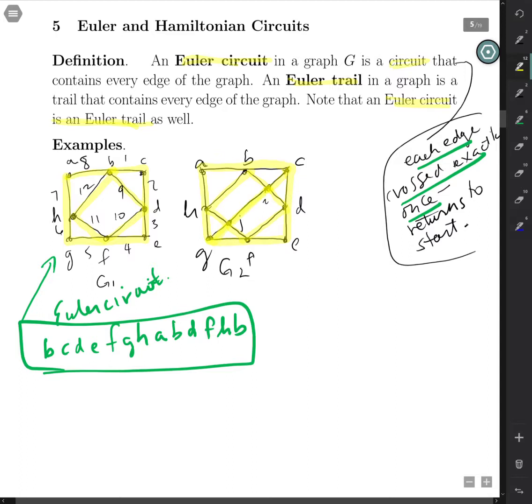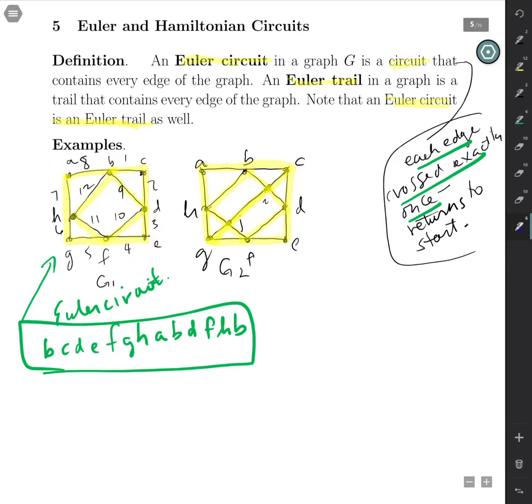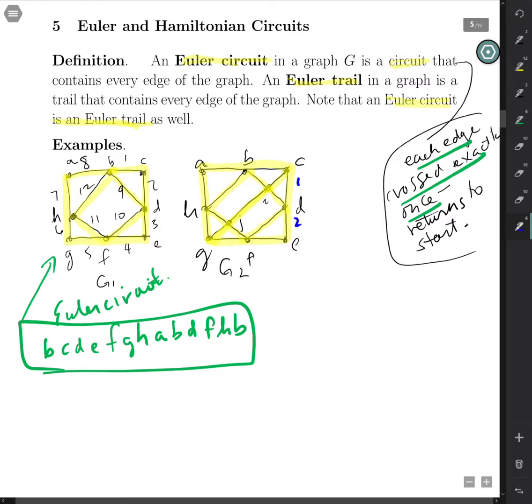So if I were to number those, the way I did it, I started with C. 1, 2, 3, 4, 5, 6, 7, 8 in order like so. And then I went in, that was 9 right there. Then I did 10, 11, 12, 13, 14, 15, and then 16. And this edge right here was 17, like so. So you could do the same thing and write a vertex sequence. Let's see if I can do that.